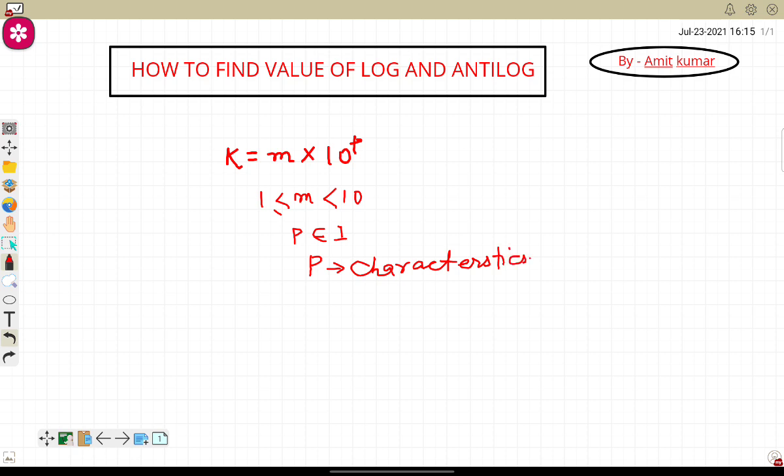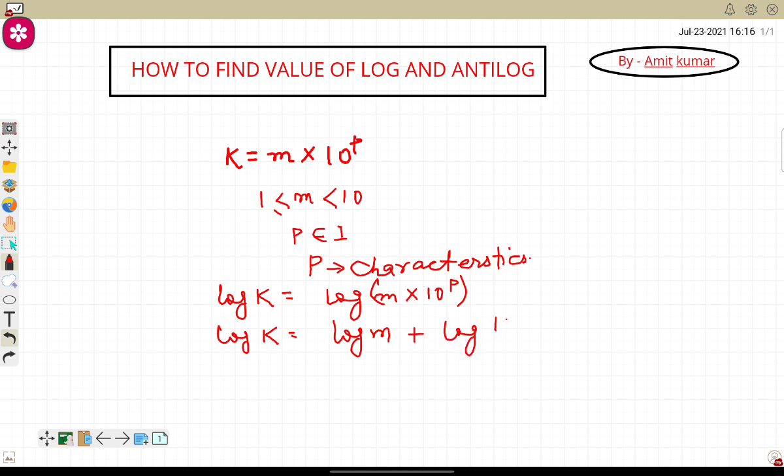Next, if you take log on both sides, then the left hand side becomes log k is equal to log of m into 10 raised to the power p. We can again use the concept of log of m into n is equal to log m plus log n. Then we can write log k is equal to log m plus log 10 raised to the power p.